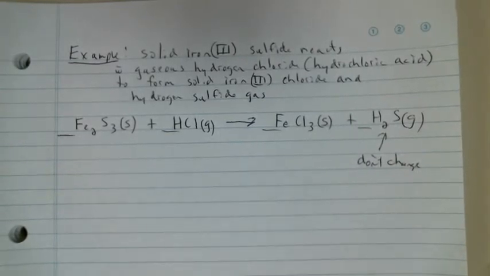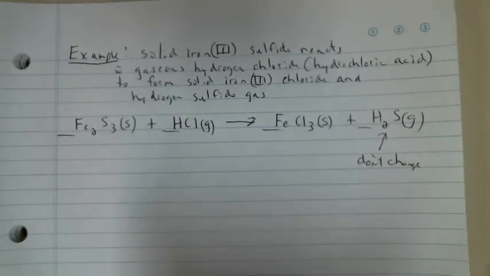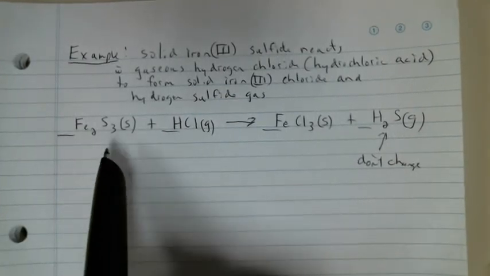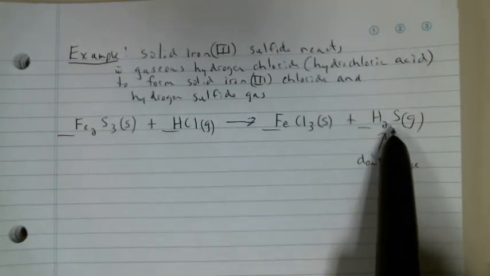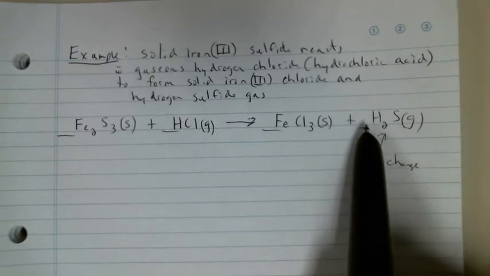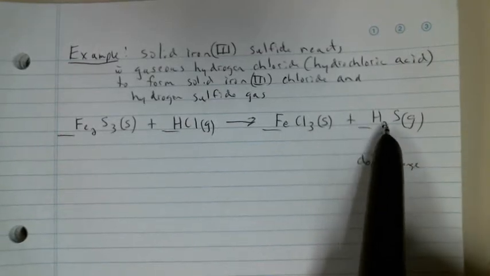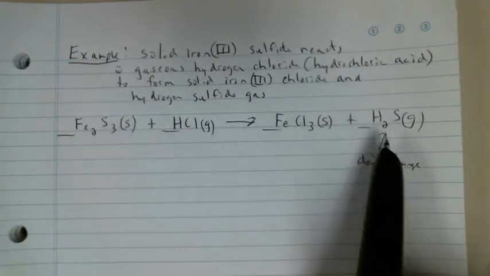Okay, what's my strategy? Well, we could just look at it, right? We can see, well, I've got 3 sulfurs here, a sulfur here. So we know there's going to be a 3 out in front of there because sulfur only appears in this and this.